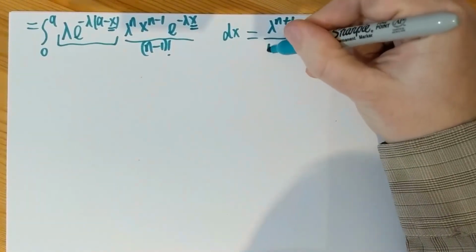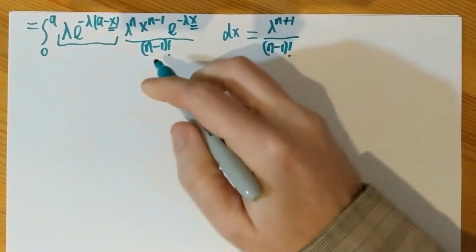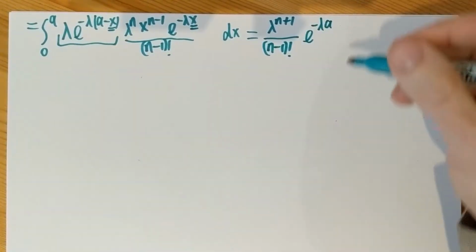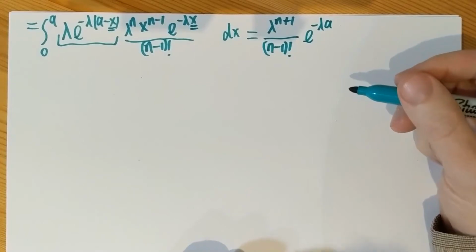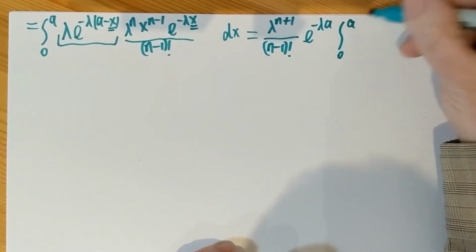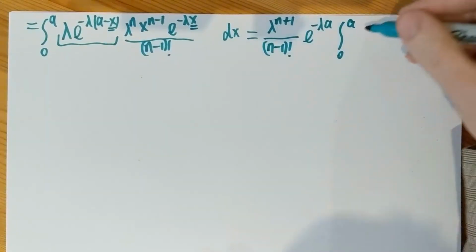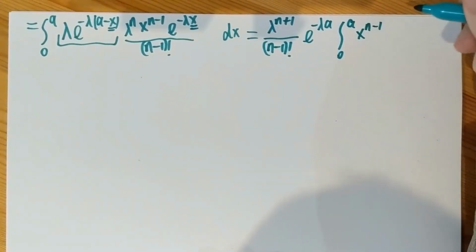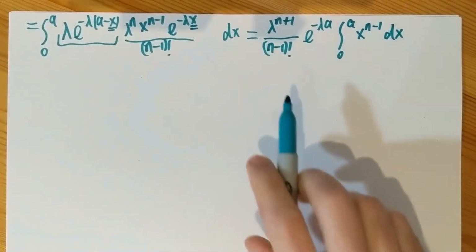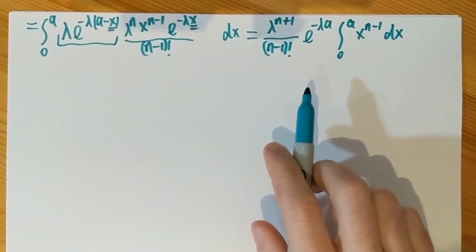There is an n minus 1 factorial down here. There is an e to the minus lambda a. These are the terms which don't have any x in them, and then I have the integral from 0 to a of whatever is left, which is quite easy, x to the n minus 1, and that's it. I have all other terms factored out.